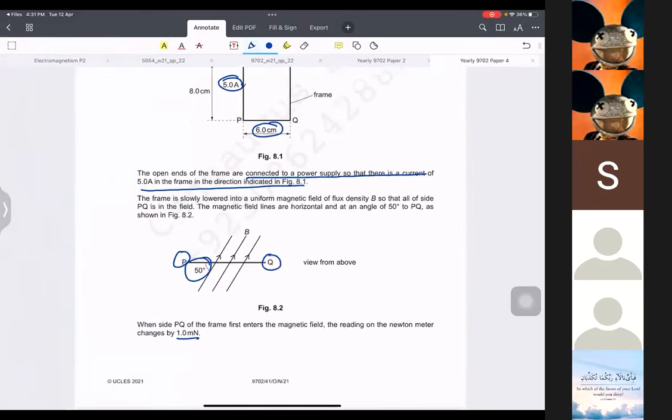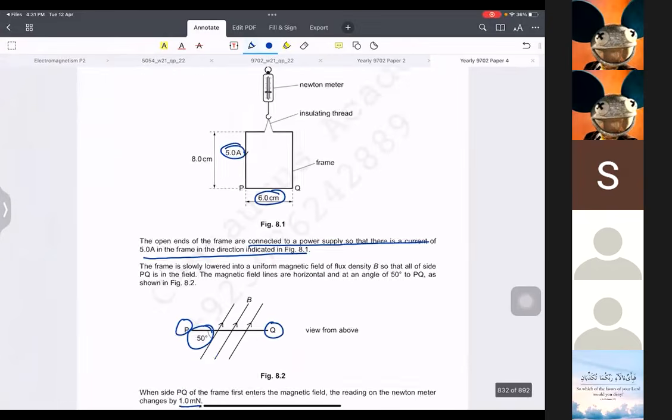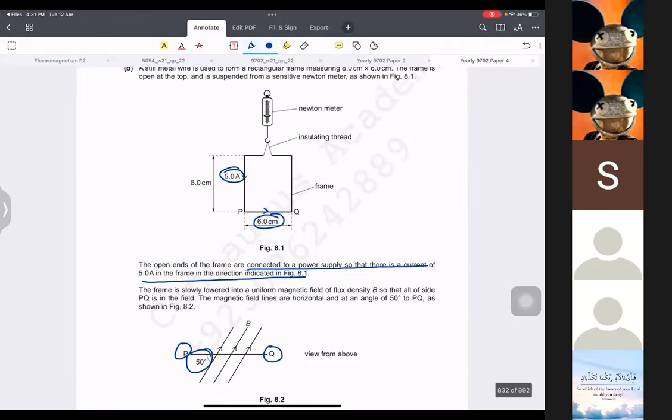So then it says, state with reason whether the change in reading on the Newton meter is an increase or decrease. Now the current is going like this, right? Magnetic field is like this, current is going like this. So it will actually have a force out of the page. Wait a second.